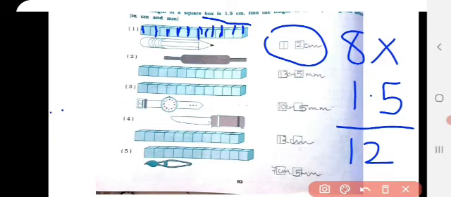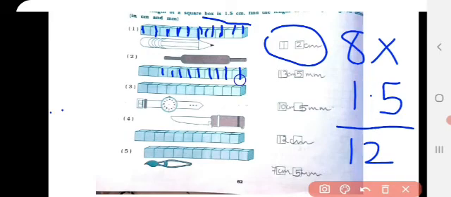Second, they had given the thing we use to make a chapati. So counting the numbers, that is 1, 2, 3, 4, 5, 6, 7, 8, 9. Right? The object you see is drawn till 9 boxes. It starts with 1 and ends on 9.